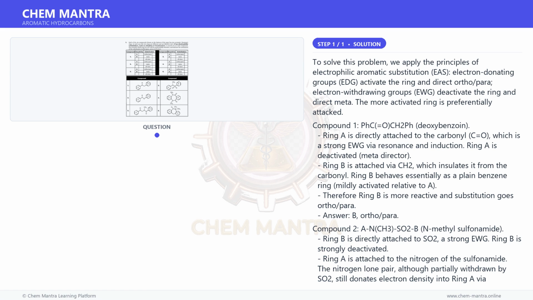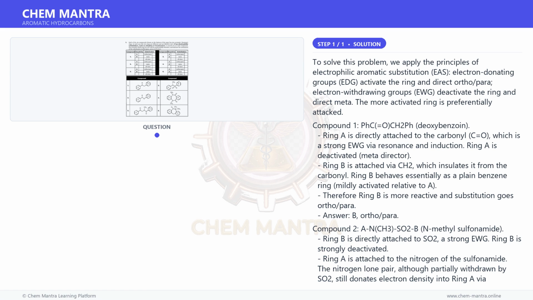Answer: A, ortho-para. Compound 3, ArC=O-OPh, phenyl benzoate. Ring A is attached to the carbonyl carbon of the ester, the acyl side. The C=O is an EWG, deactivating ring A. Ring B is attached to the oxygen of the ester, the phenoxy side.